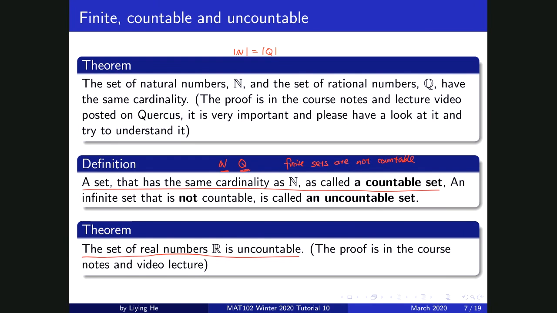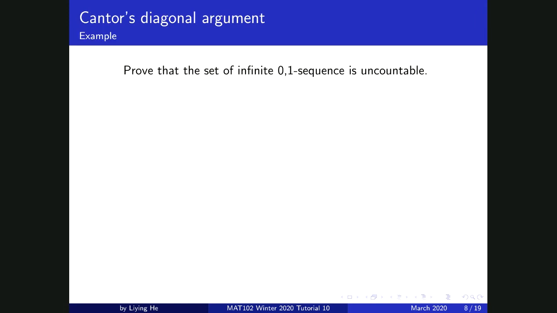The proof came up by Cantor, and the technique we use is called Cantor's diagonal argument. It's a really interesting, elegant proof, and here is one of the applications. So I want you to use Cantor's diagonal argument to prove that the set of infinite 0-1 sequences is uncountable.